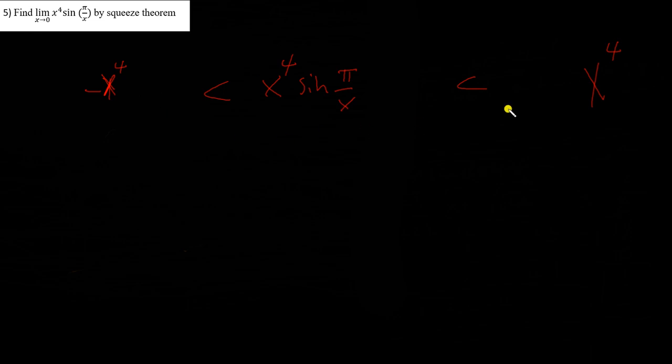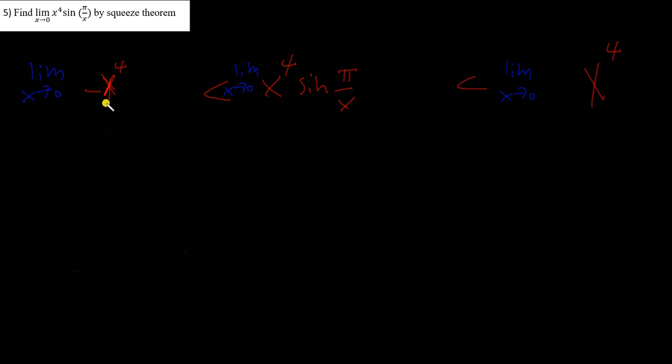So now this is looking one step closer to our answer, but here they're asking for a limit. So I'm going to take the limit as x approaches 0 of this, which is less than the limit as x approaches 0 of this, which is less than the limit as x approaches 0 of this. Okay, now this is what we're trying to find.